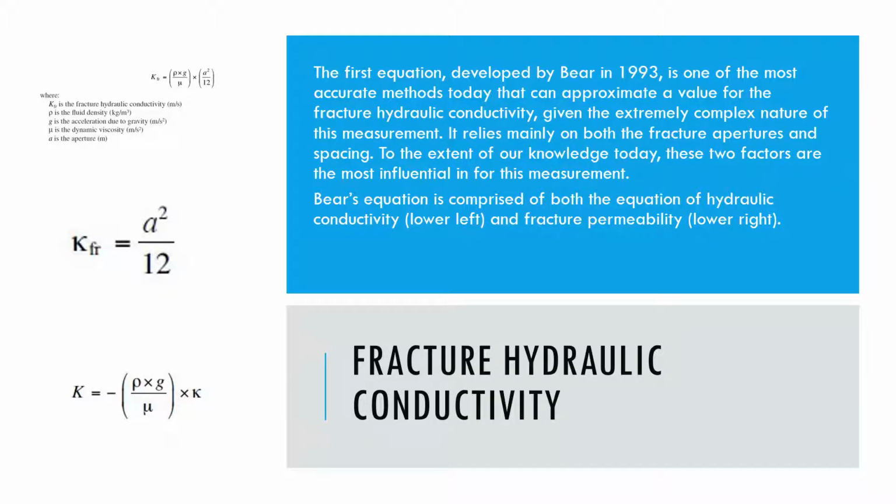I apologize for the wrong wording, but the one on the bottom is just the hydraulic conductivity, not for a fracture specifically, and then the equation in the middle is the permeability of a fracture. So as you can see, it's the same equation, but the only factor that has changed is that we're not using normal permeability, but the permeability of a fracture specifically.